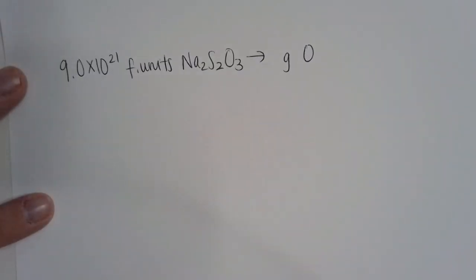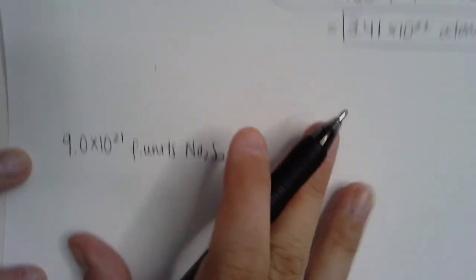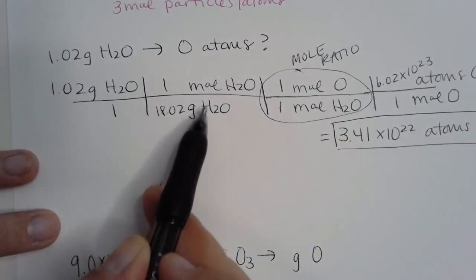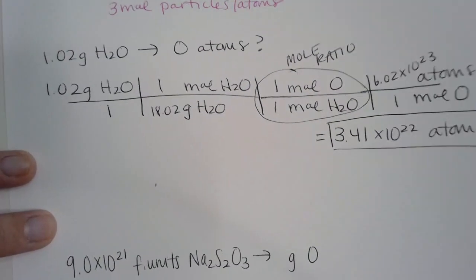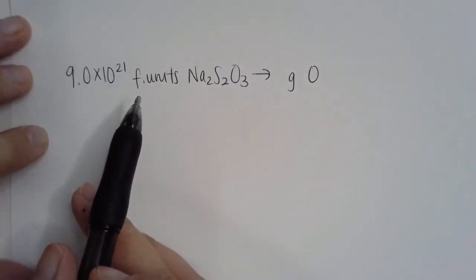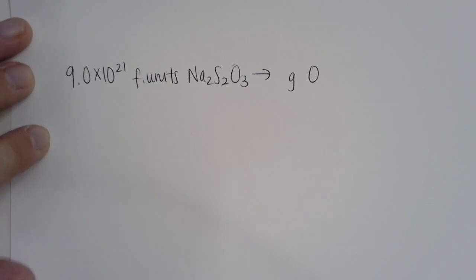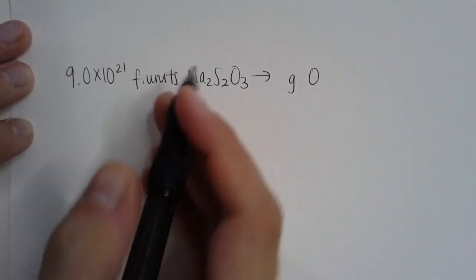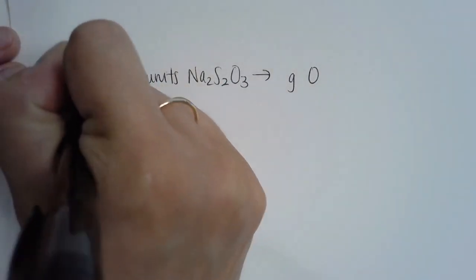It's a little bit backwards from what we just saw, but really, if you have that mole ratio, that's the only thing that's new. Here, I started off with grams, so I use the molar mass first. Here, I'm starting off with formula units, so I have to use Avogadro's number first and convert that to the number of moles. So let's go ahead and start this.